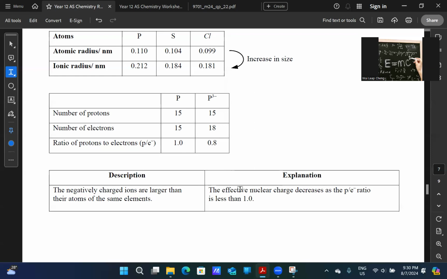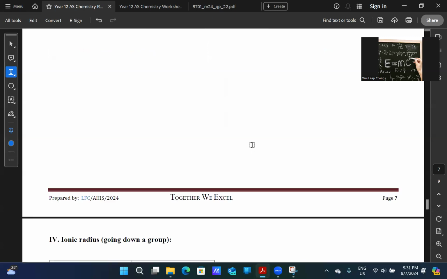So the effective nuclear charge actually decreases. When the effective nuclear charge decreases, the nuclear charge is less likely to attract the outer shell electron closer to the nucleus. So the ionic radius will increase. I hope I have enlightened you from this part.